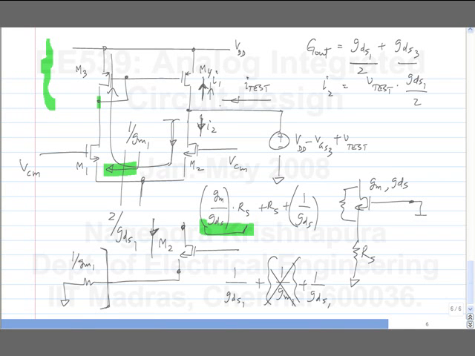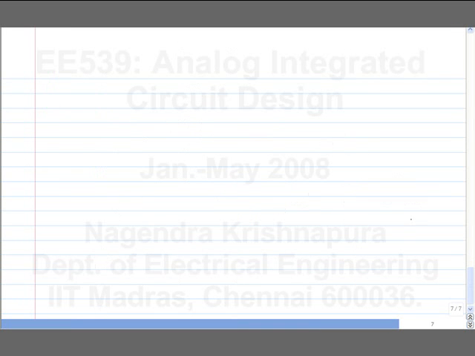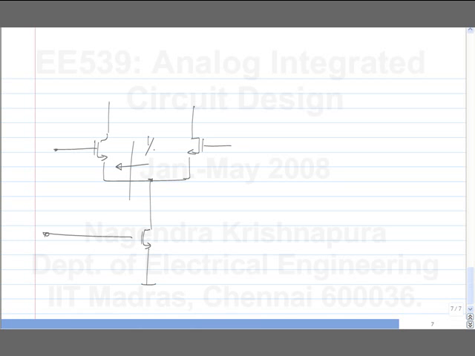This figure has become unbearably messy, so I'll draw it again. The summary of the discussion so far was that looking in here we have 1 by GM1.